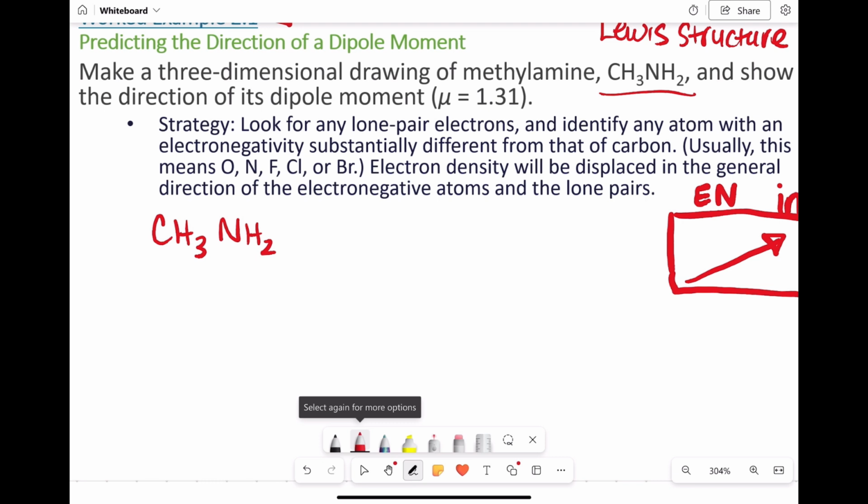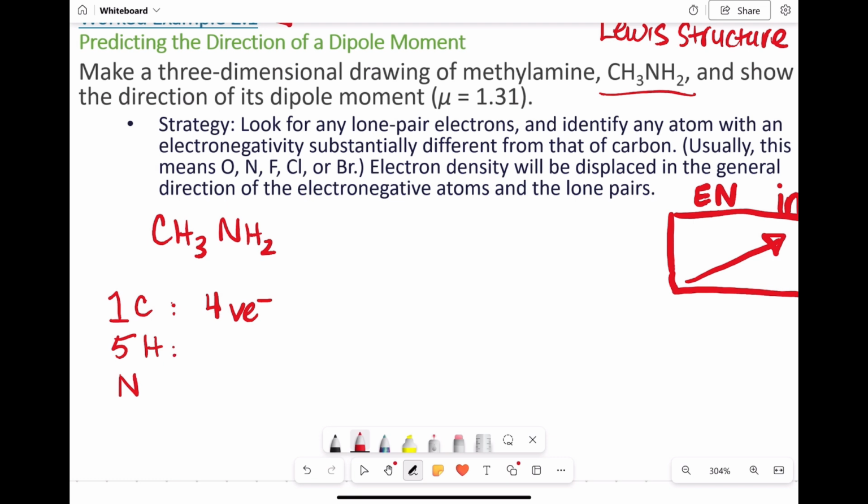Remember, step 1 is always to calculate the total valence electrons. So we have 1 carbon. Let's add up the hydrogens. We have a total of 5. And then we have a nitrogen. How many valence electrons from carbon? We know that is 4 valence electrons. VE with the superscript minus, that's how I denote valence electrons.